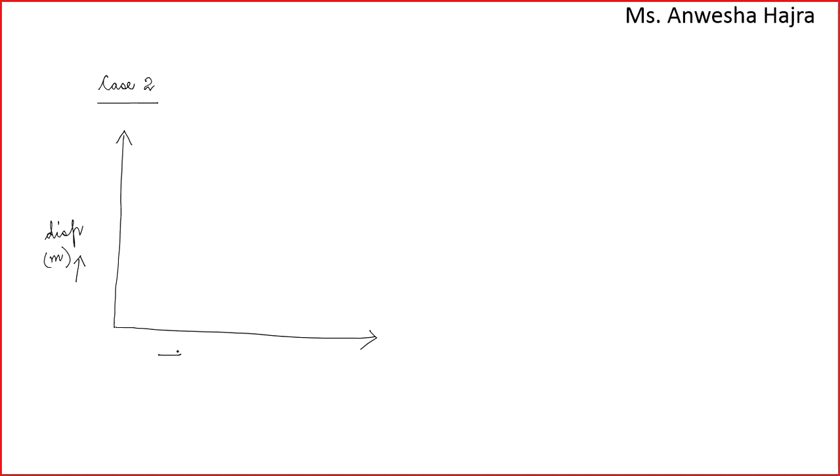Say, case 2. We have a graph like this. This x-axis is displacement, it is in meters. Time is in seconds. Say you have a graph like this.